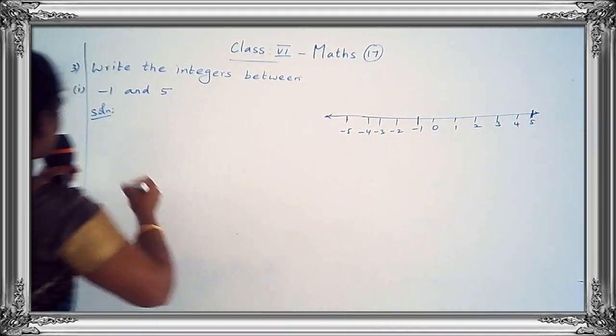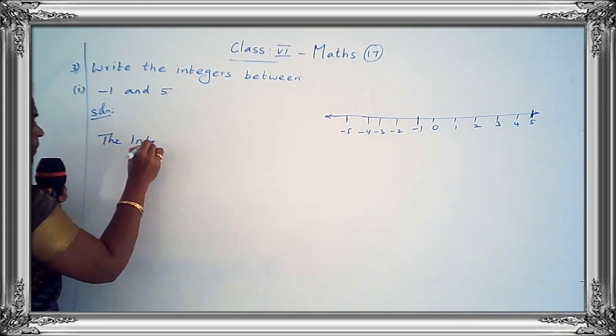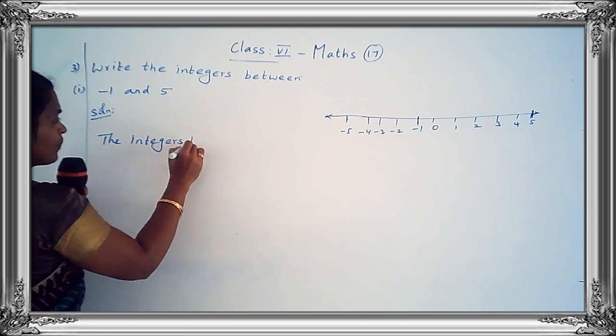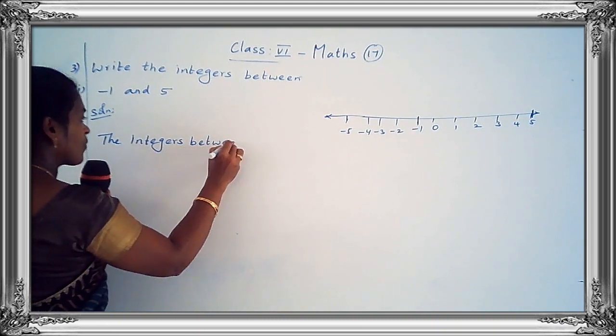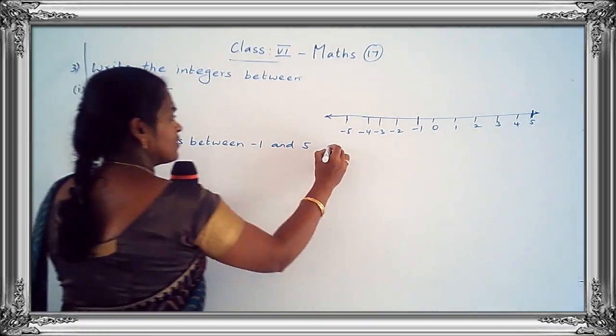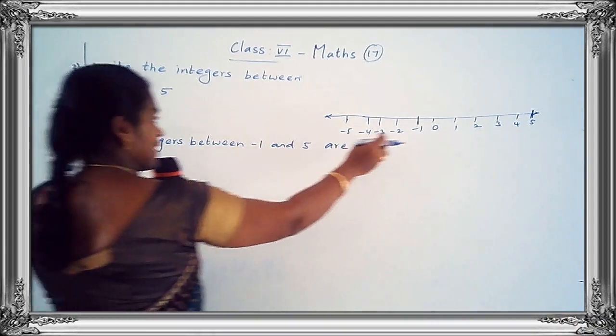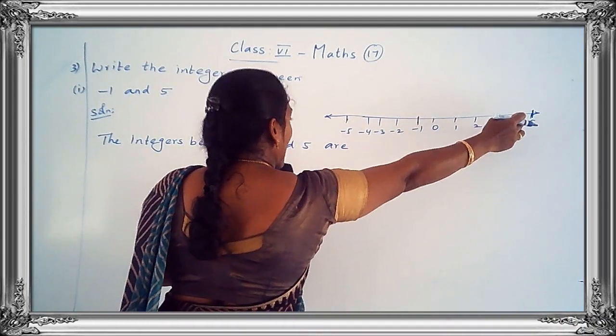Yes children. So write the answer. The integers between -1 and 5 are, say the answer, -1 and 5. Where is my -1 here? 5 here, okay.